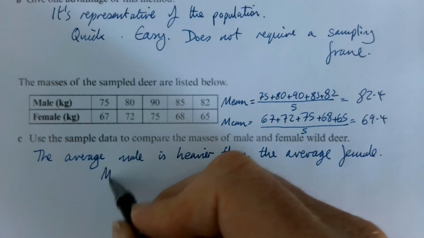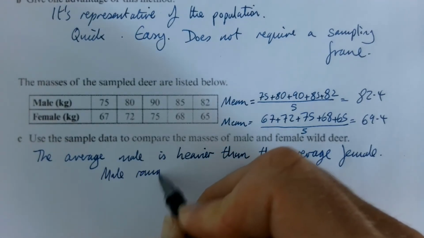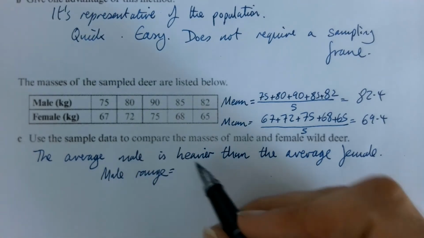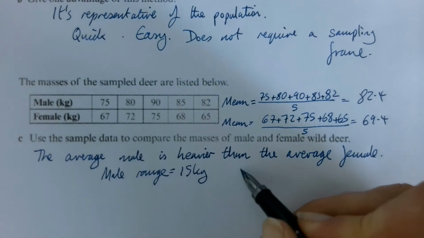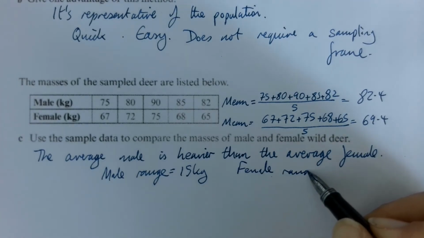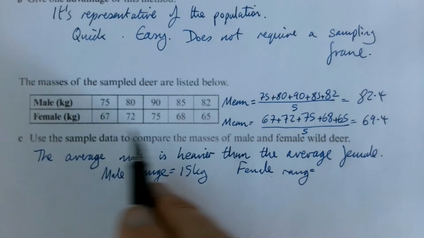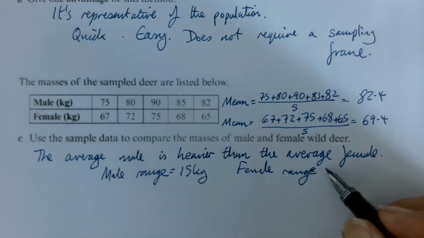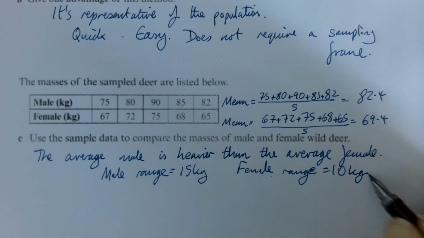So male range equals, what's the smallest? 75 to 90 is 15. Female range is 65 up to 75 is 10 kilograms.